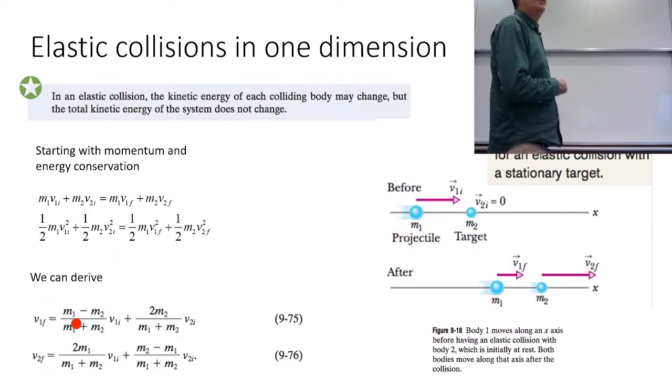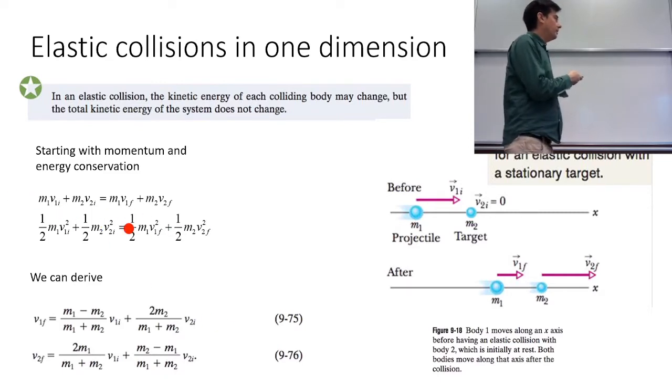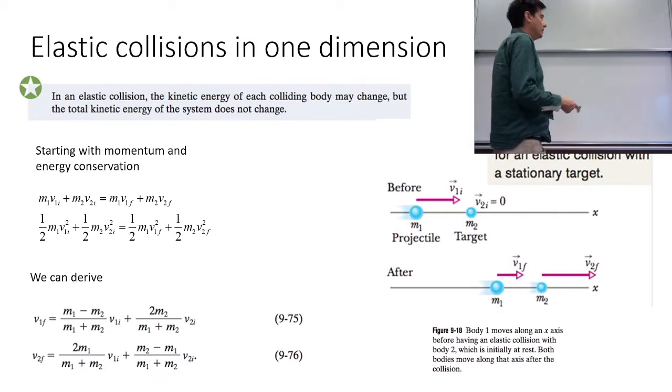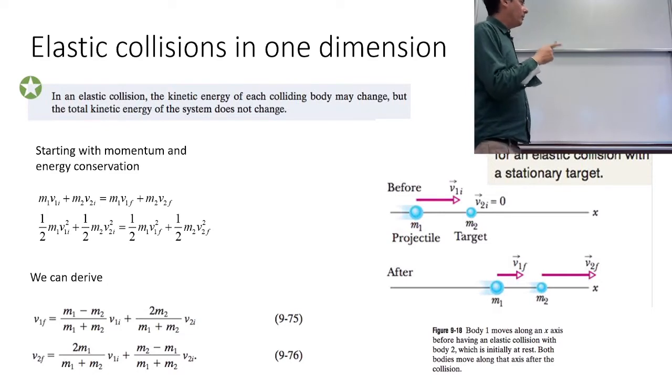now 2 velocities instead of 1, because now we've got 2 equations. If you've got the initial velocities of the 2 particles, in 1 dimension by the way, we've got 2 equations and 2 unknowns, the final velocities of particle 1 and particle 2, so we can work out both of them in this elastic case.